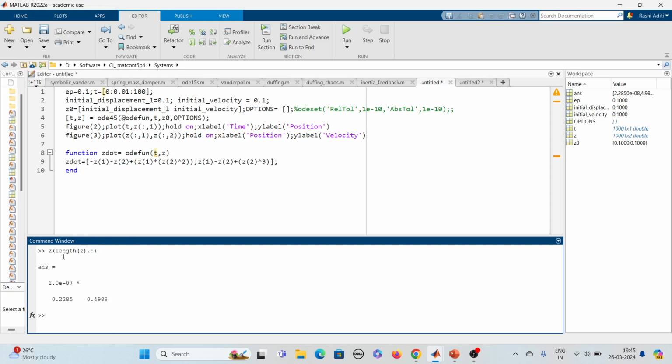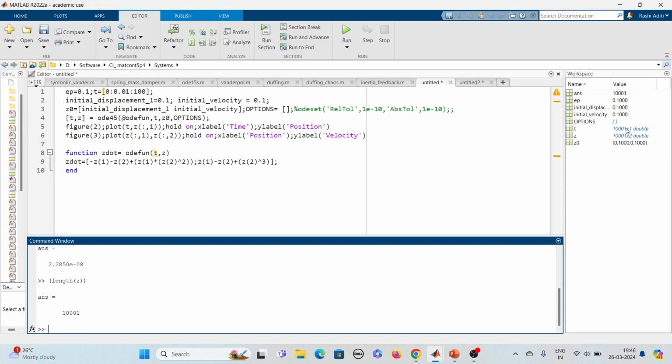See, when I write Z of length of Z, comma colon, what I mean is that, if you remember, I can index rows and columns with my Z. So if I am writing length of Z, it is actually taking whatever the length is. Okay, sorry, length of Z. So the length of Z is this value.